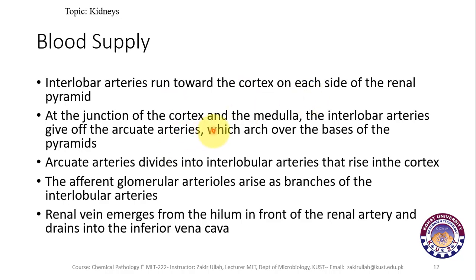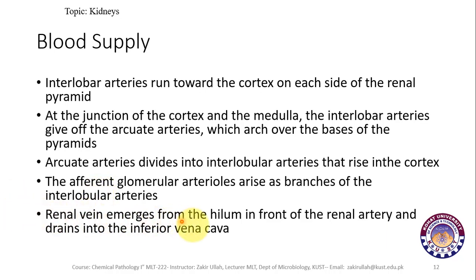At the junction of the cortex and the medulla, the interlobar arteries give off other branches, the arcuate arteries, which arc over the base of the pyramid, and the arcuate arteries further divide into interlobular arteries that rise in the cortex. The afferent glomerular arteries arise as the branches of the interlobular arteries.